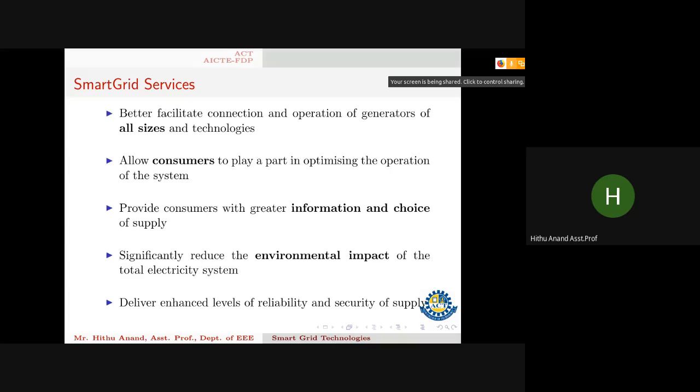It can significantly reduce the environmental impact, because if 65% or 70% of power generation is thermal and you are able to reduce that, that itself is a good sign that we have some control over carbon emission. Even electric vehicles are also one dimension which can significantly reduce the carbon emission.